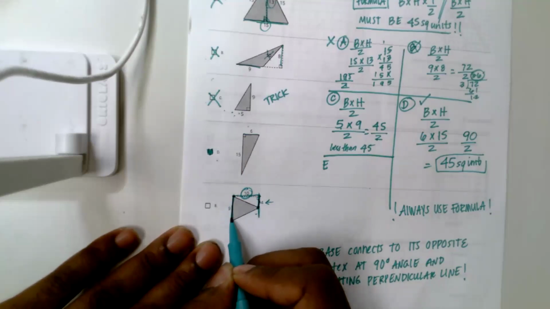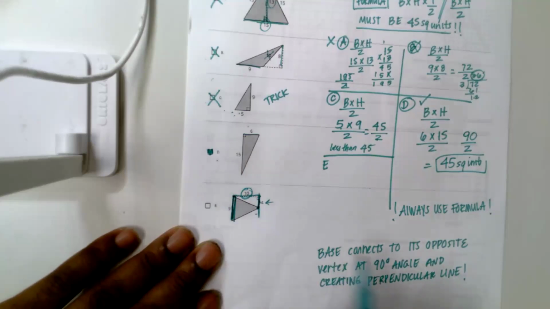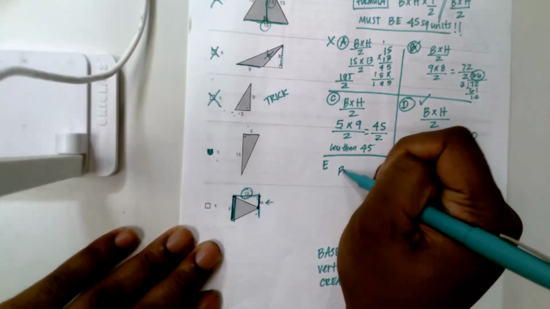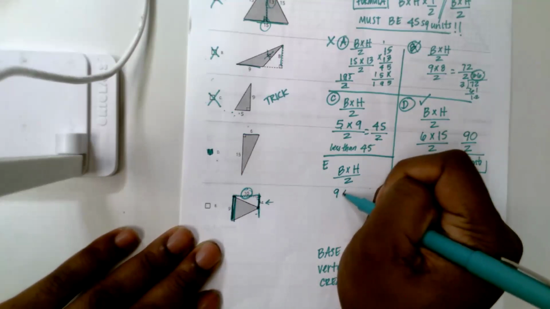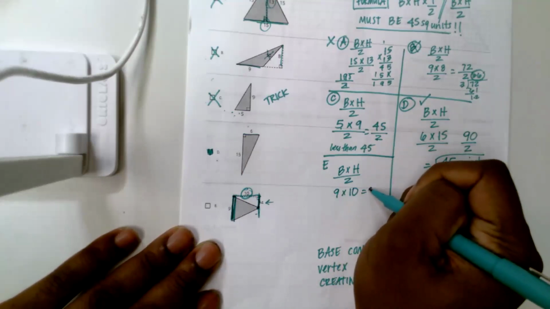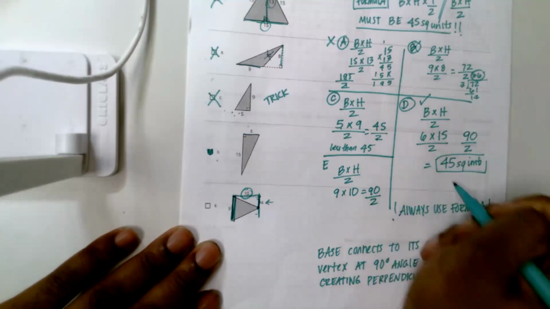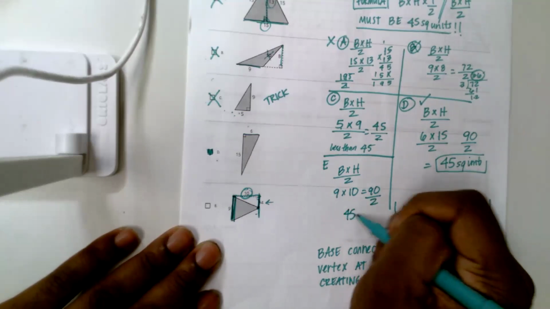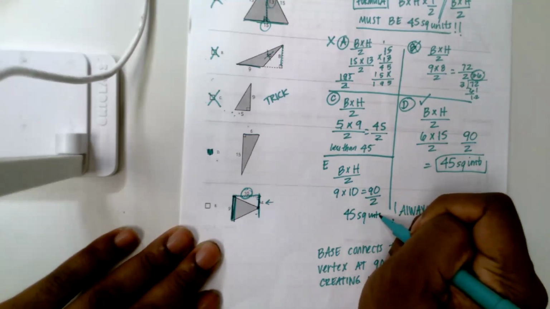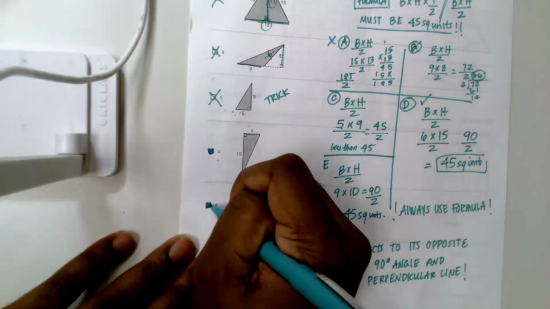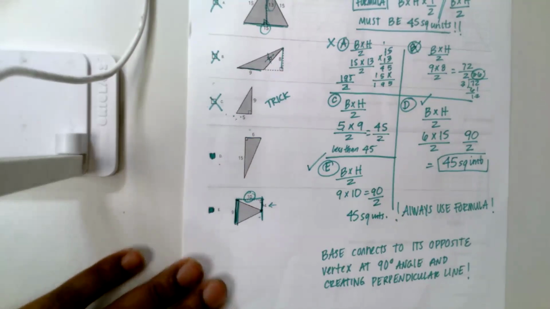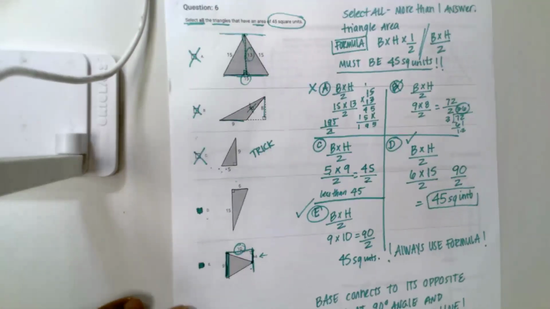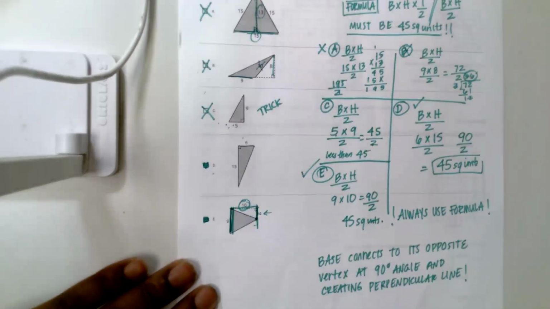This is the full base. So my formula is base times height divided by 2, and 9 times 10 equals 90, and 90 divided by 2, as we know, is 45 square units. So E is also correct. So my answers are D and E.